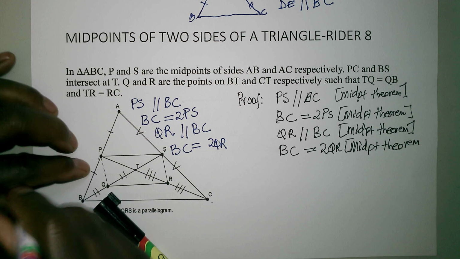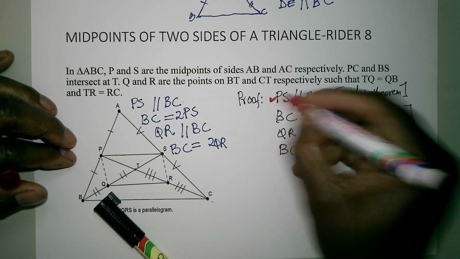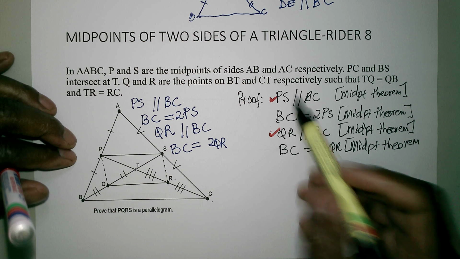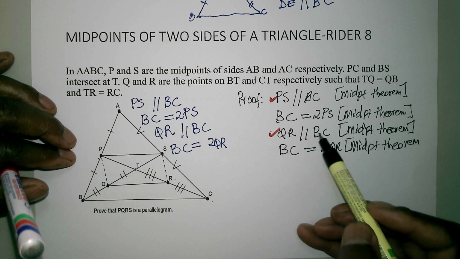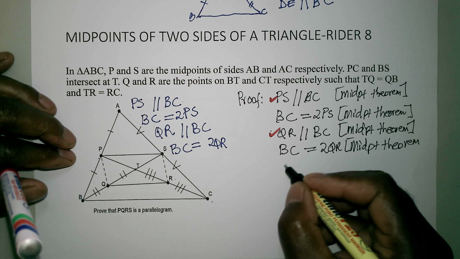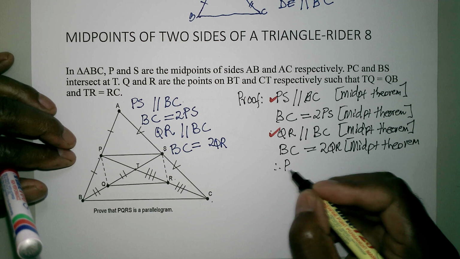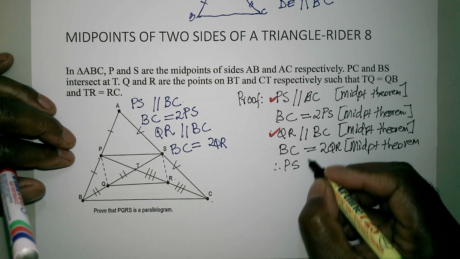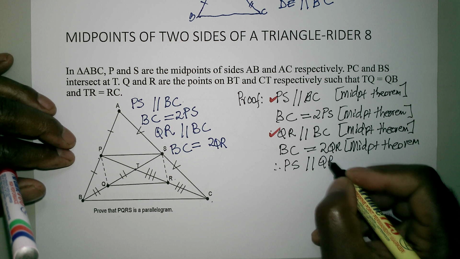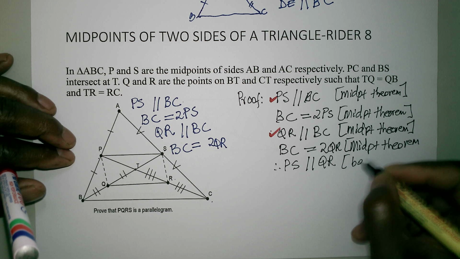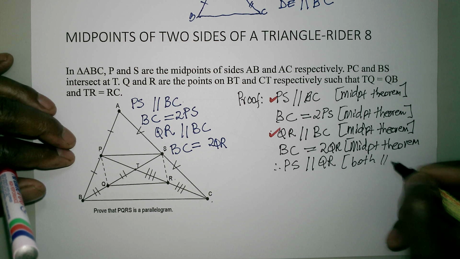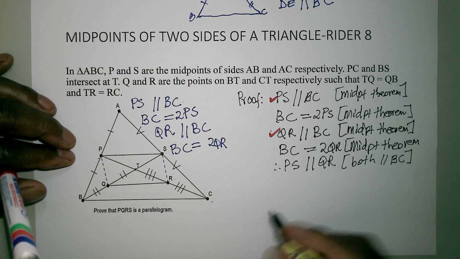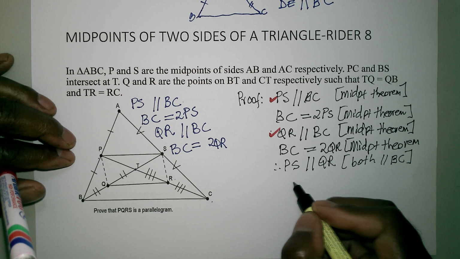Now, based on these two statements, PS is parallel to BC, QR is parallel to BC, therefore PS and QR are parallel. Both are parallel to BC. Okay?